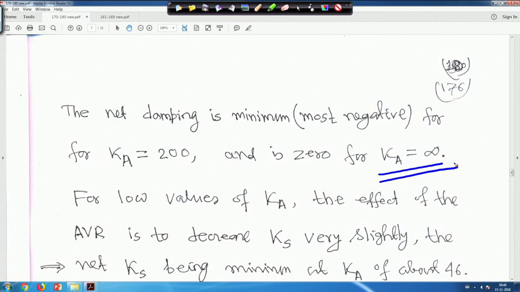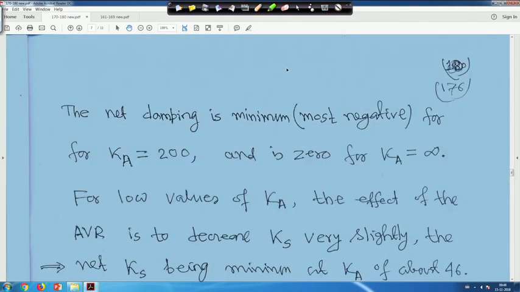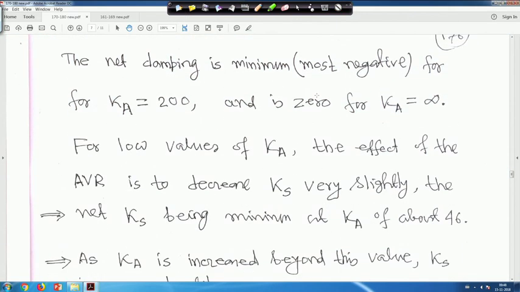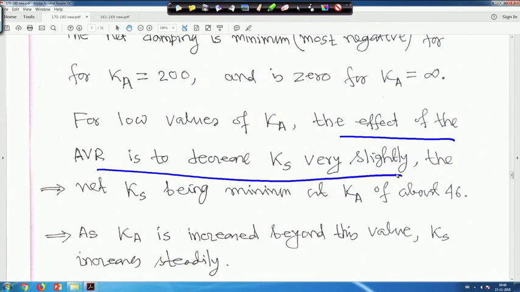So, for low values of K, the effect of the AVR is to decrease Kd very slightly, the net Kd being minimum at K of about 46. This is an exercise for you, right.